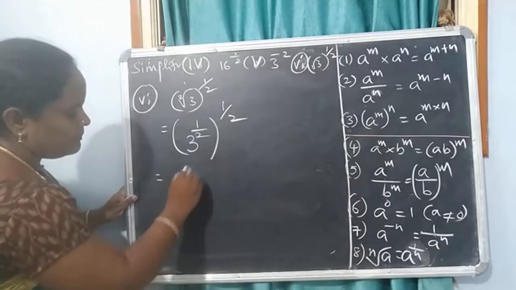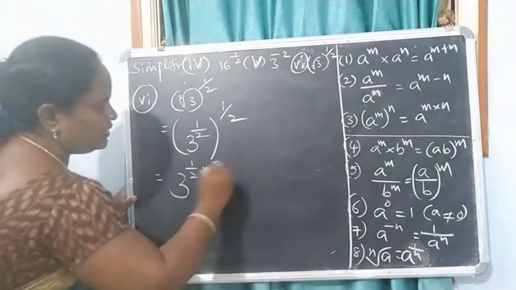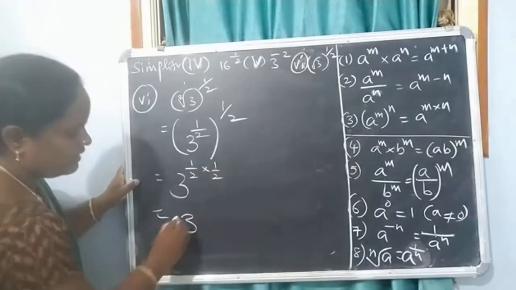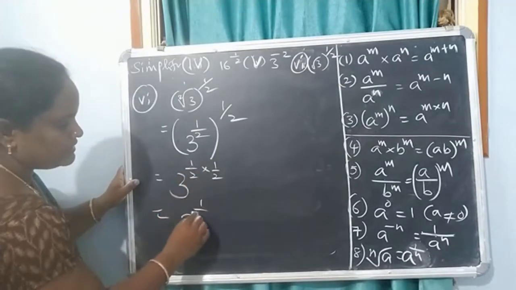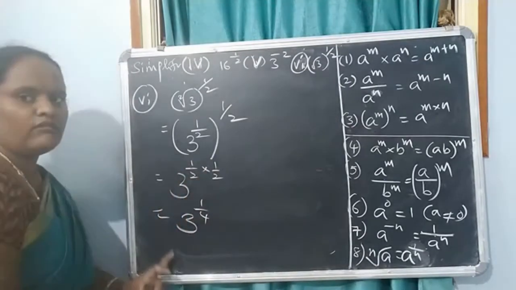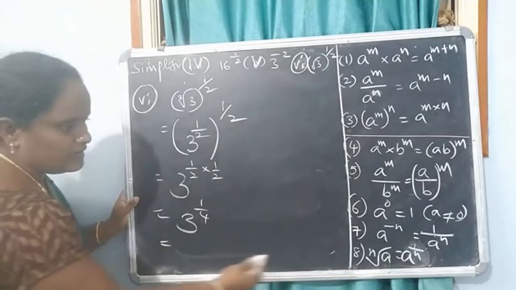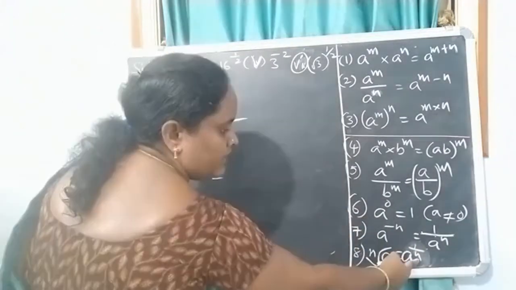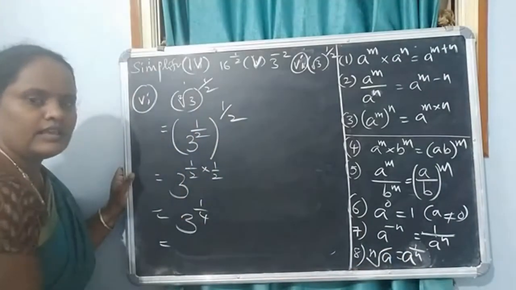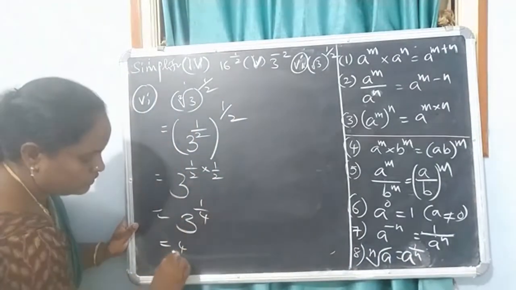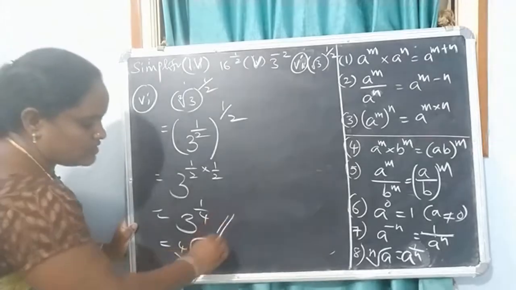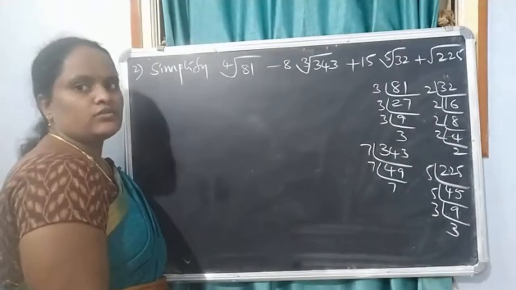So 3 power 1 by 2 into 1 by 2, that is 3 power 1 into 1 is 1, 2 2s are 4, 3 power 1 by 4. This is the answer. Or if we reverse it back, a power 1 by n can be written as nth root of a. So here 4th root of 3, or you can stop up to here.